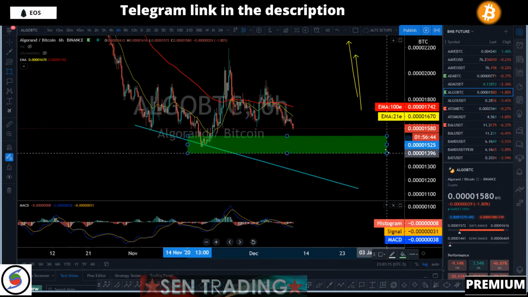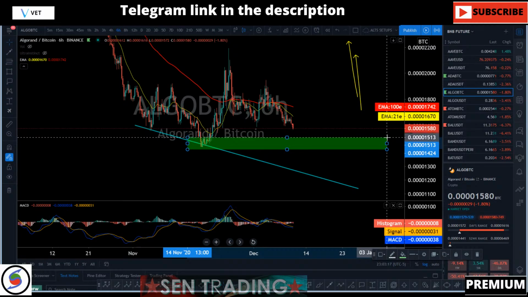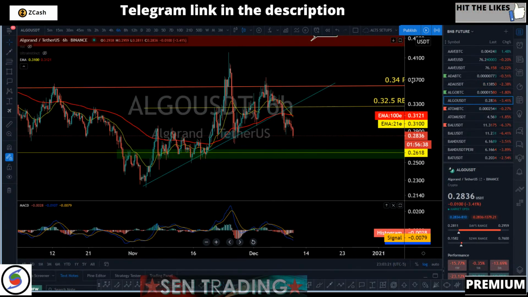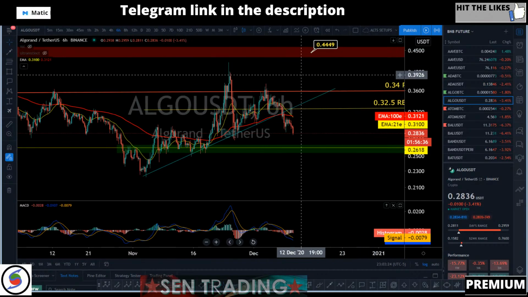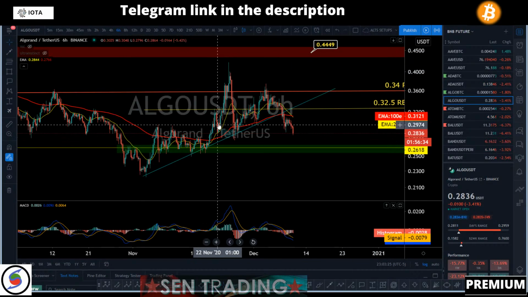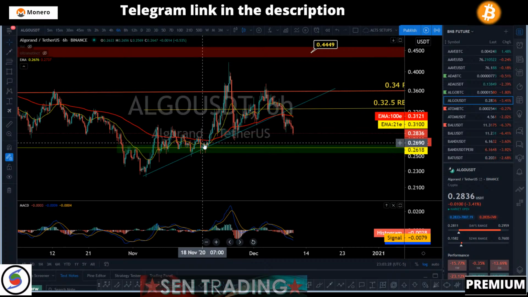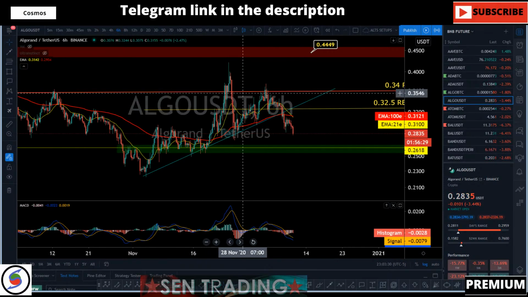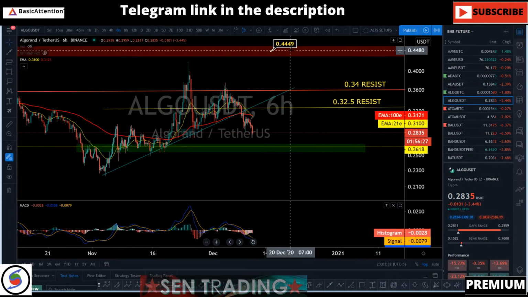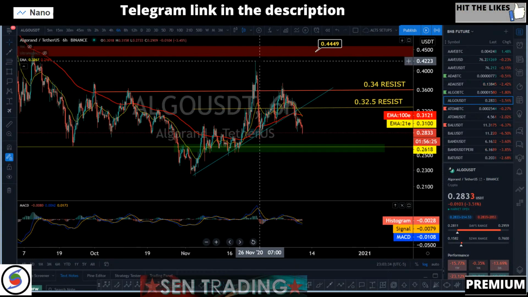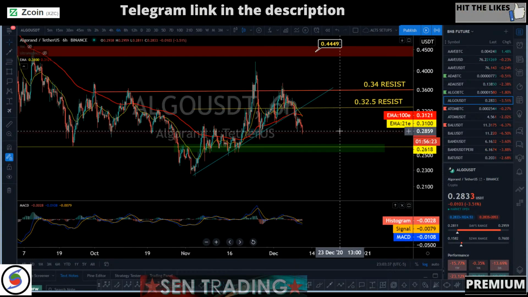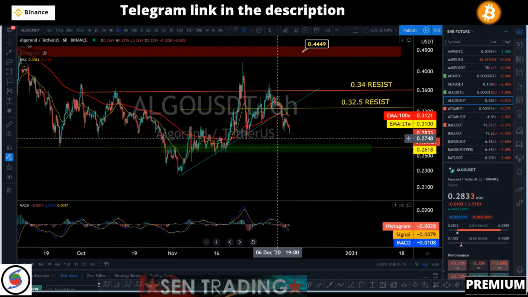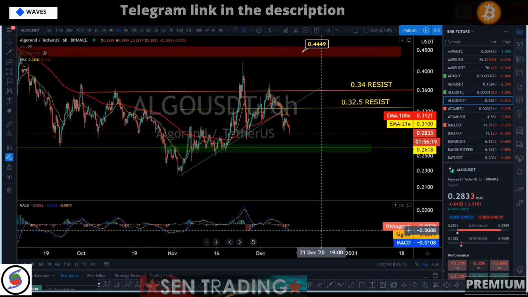Algo BTC, first things first, that's your support area, right? And Algo USD, since Algo BTC is bearish, you guys remember Algo, we were bullish on Algo right there. Just about 27, we said we could be pumping all the way up to 34, even to 44. It did not get to 44, got to like 42, close enough, right? But as of now, not looking so great.